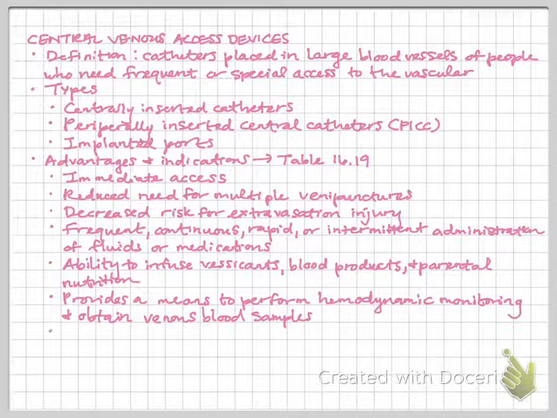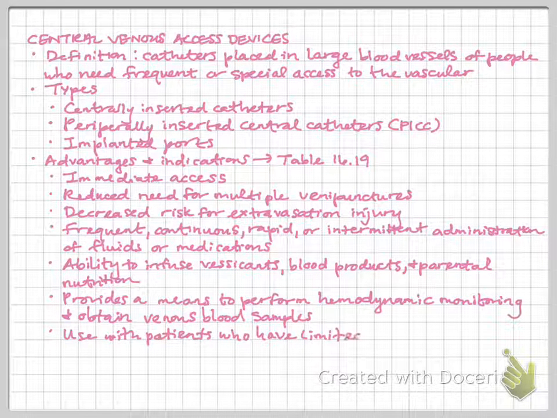It is indicated also to insert a central line or a PICC with patients who have limited venous access, like peripherally. That would be maybe someone who has an addiction to intravenous drugs. After a while of using, you kind of blow veins throughout the arms and the legs.